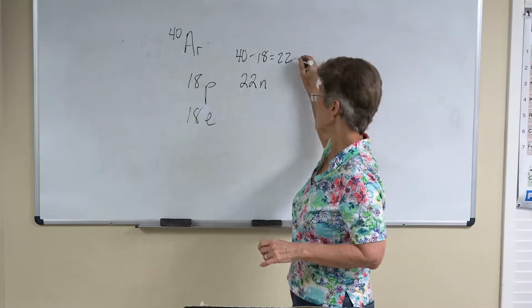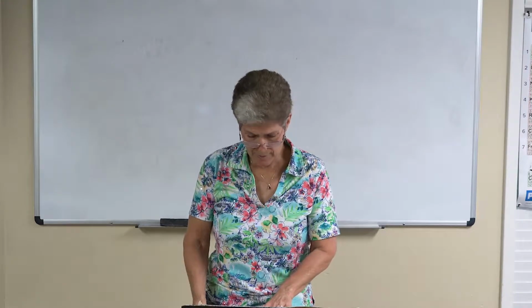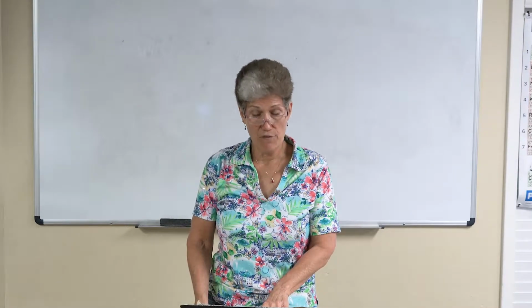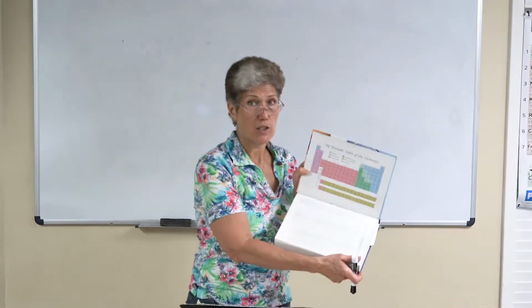And so we established that by taking the mass number minus the atomic number, and that's what gave us the number of neutrons. Number 4, an atom has 35 protons, 45 neutrons, 35 electrons. What is its symbol, including the mass number? Well, we know that the 35 protons tells us what symbol it is. So you look on your periodic chart, and you find who is number 35, which is bromine, Br.